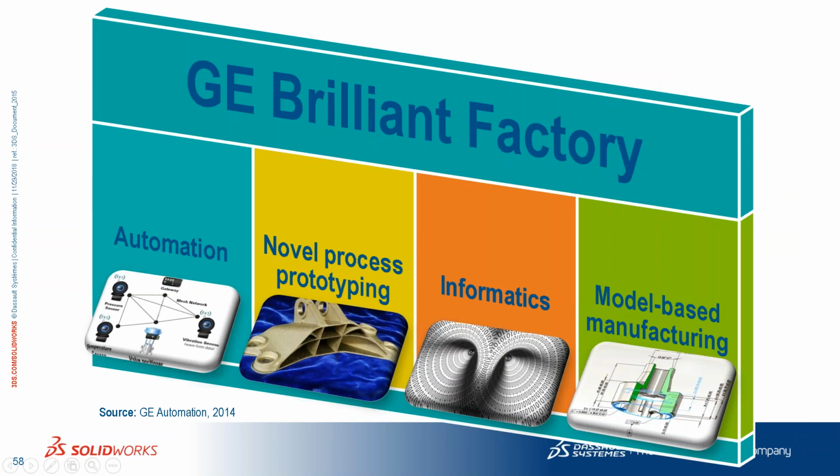There's this General Electric Brilliant Factory initiative where the factory is completely automated, so all the machines can take information from the process to improve it or to do preventative maintenance. They also implemented additive manufacturing and big data, because if you need to collect such a big amount of information, you need to be able to handle it. And of course, the automation is based on manufacturing, and the quality is based on model-based processes.